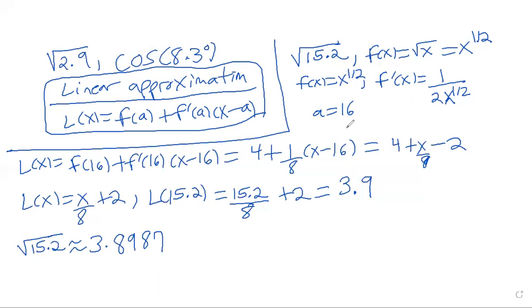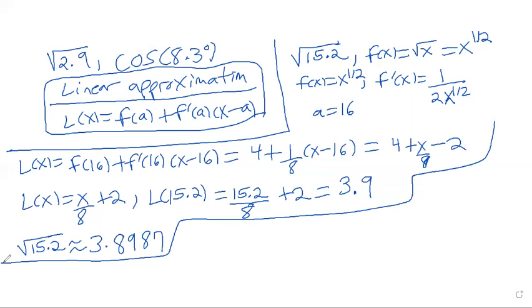Well, now suppose, as I mentioned before, we were to do it by trying to find a tangent line to a curve. Well, we pretty much have a lot of the information. Because number one, f of x, we know, is equal to x to the 1/2, and we can use 16. So f of 16 is just 4.